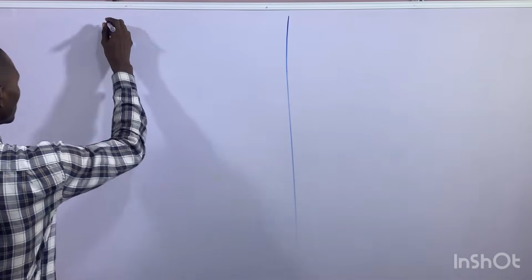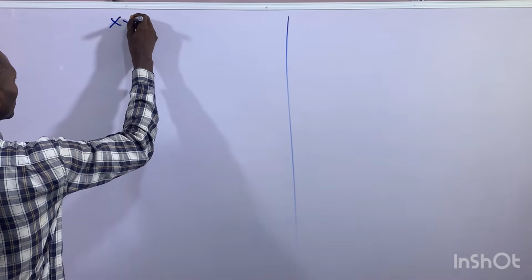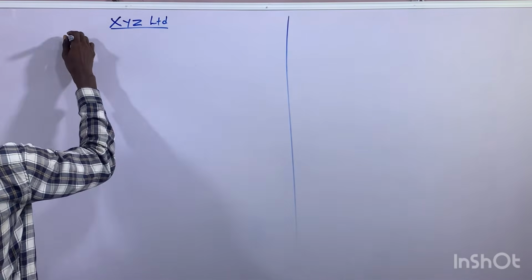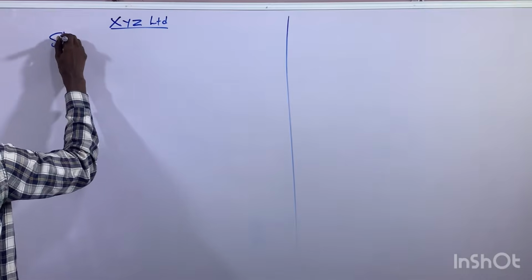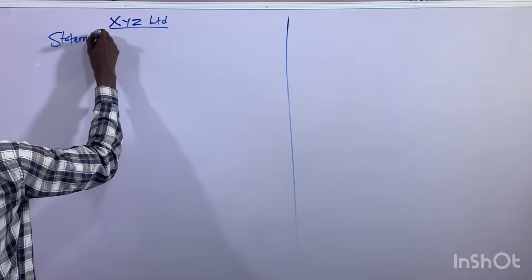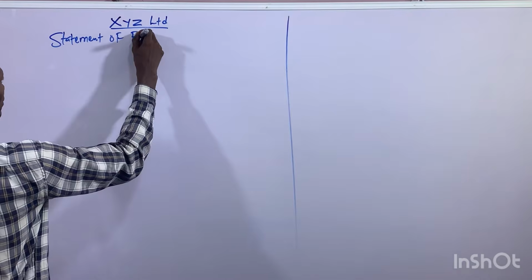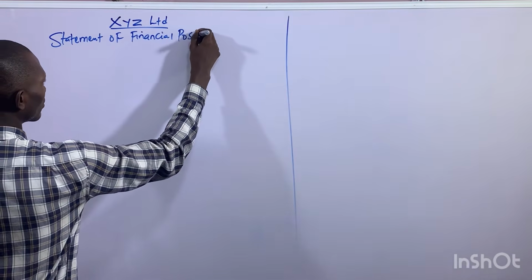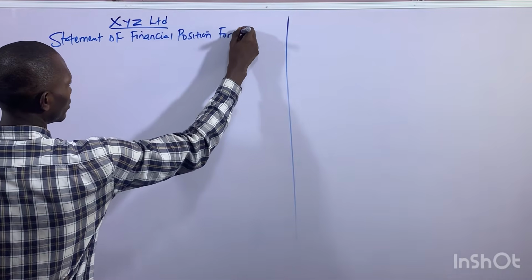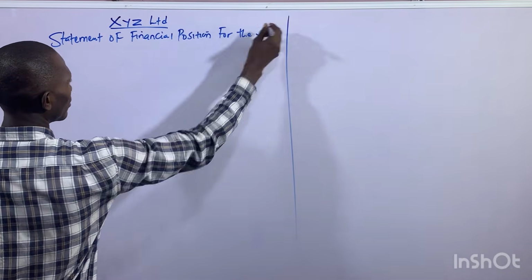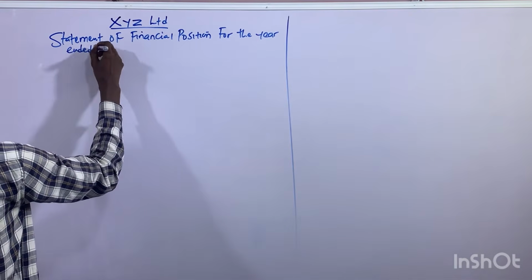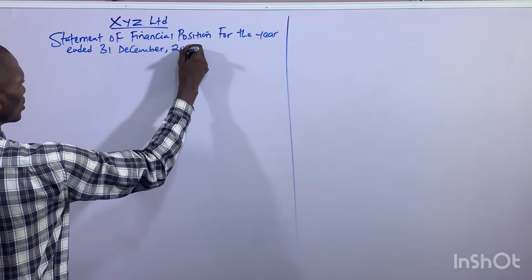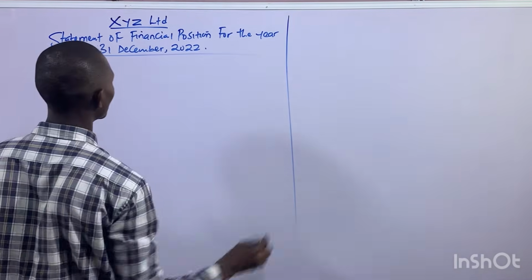So the name of the business is XYZ Limited. Then we have statements of financial position for the year ended 31st December 2022. So this is what we have.